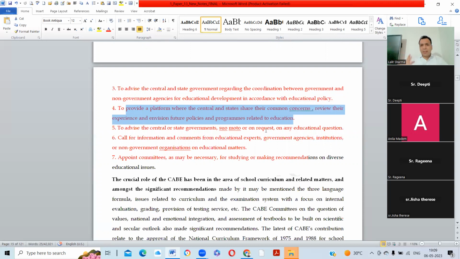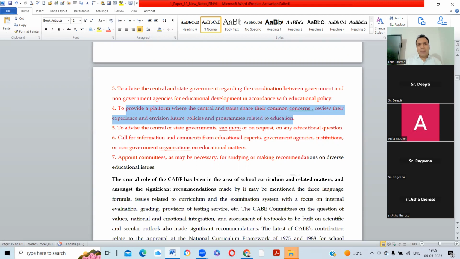So guys, keep in mind that at least 20 years back there were very few secondary schools, because everybody, the government, was focusing on primary education.